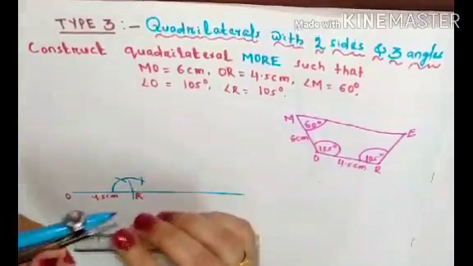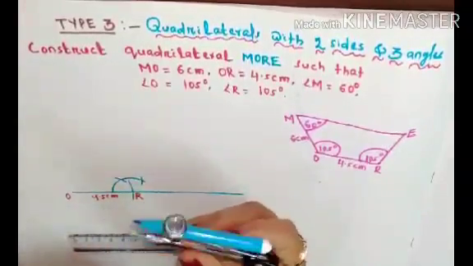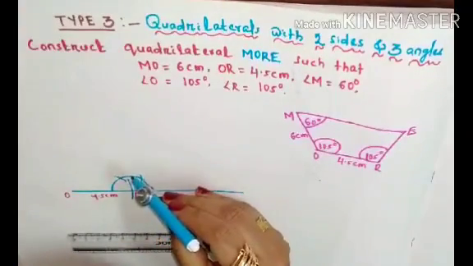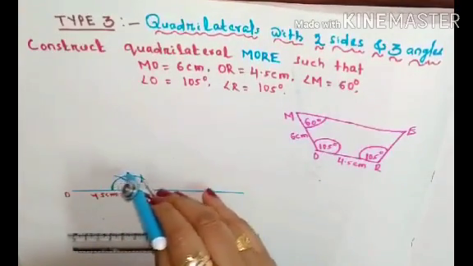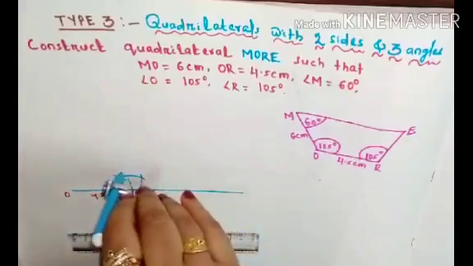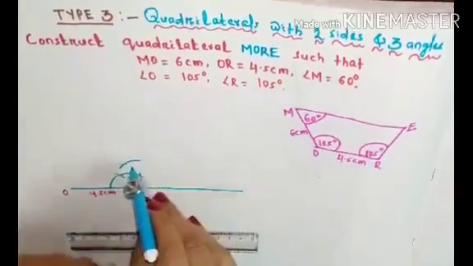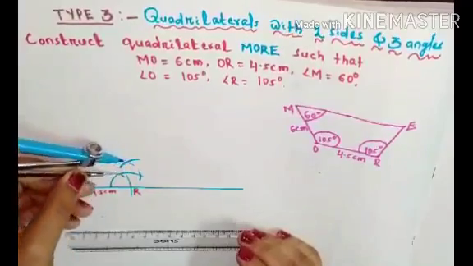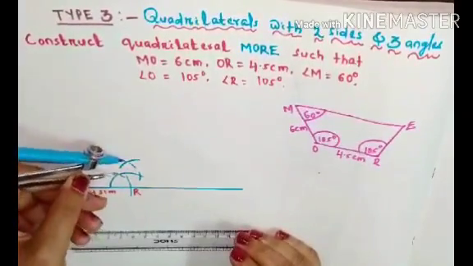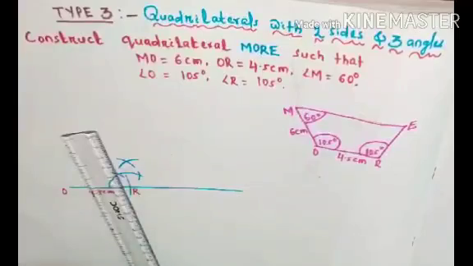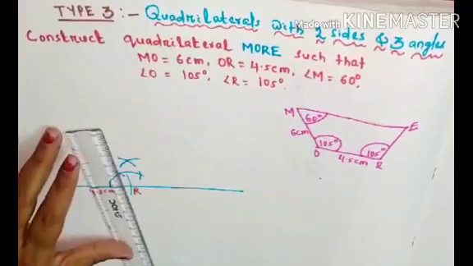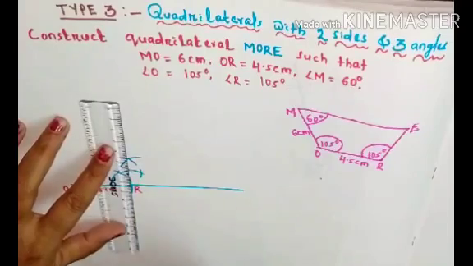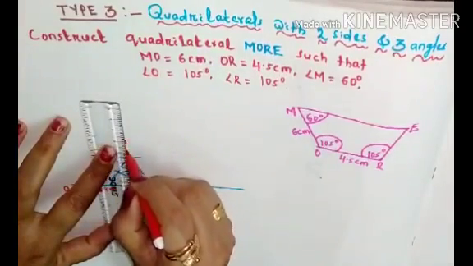Remember one thing, you have to take the same radius. So here, taking this point as center, make an arc. Taking this point as center, make another arc. So here I am getting my 90 degree. So join the line.